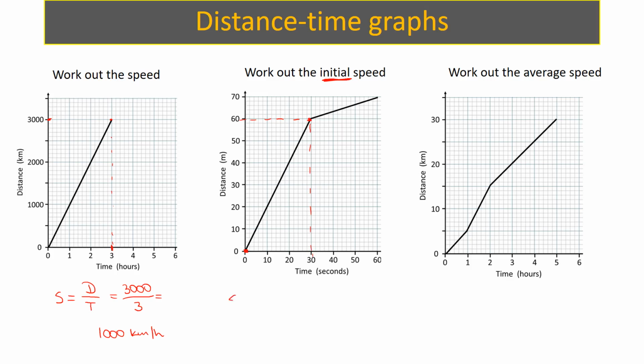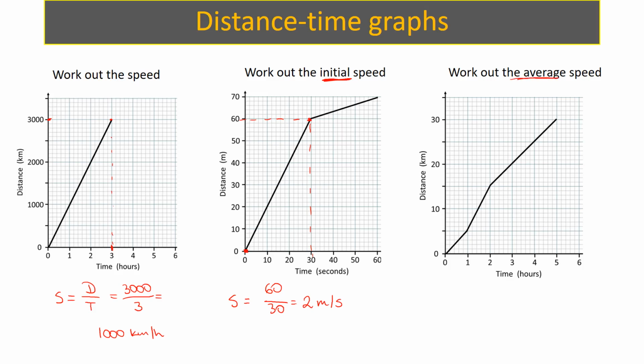So again, speed equals, now the distance is 60, then time is 30, so that is 2 meters per second.